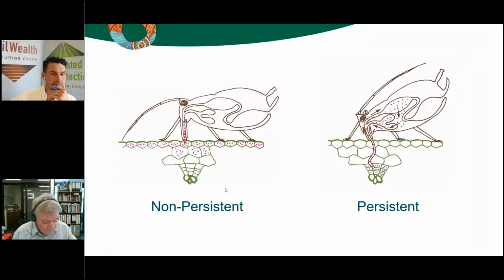So now I'd like to mention the difference between non-persistent and persistent transmission. I think these are two important concepts. A non-persistently transmitted virus, as the name probably suggests, spreads really quickly. An aphid or another insect can pick up a charge of virus from a plant in less than 30 seconds and also then transmit it or spread it to another plant in that same period of time.